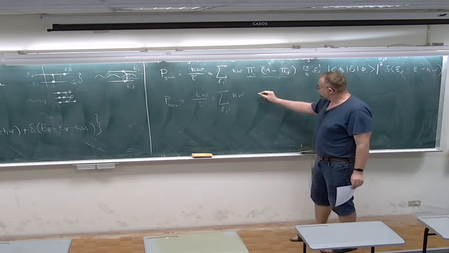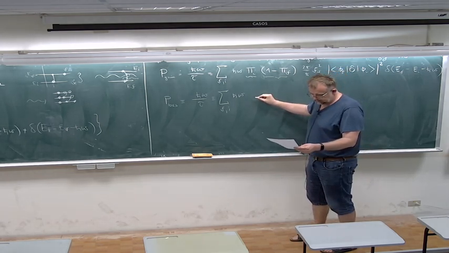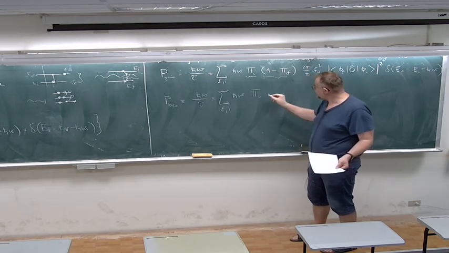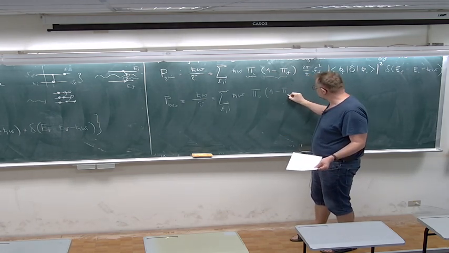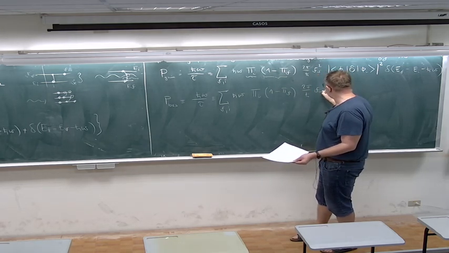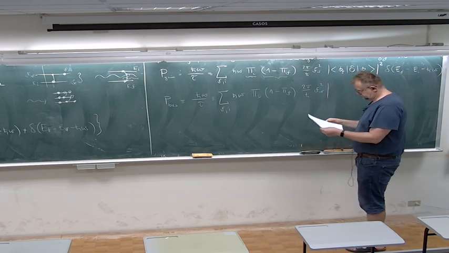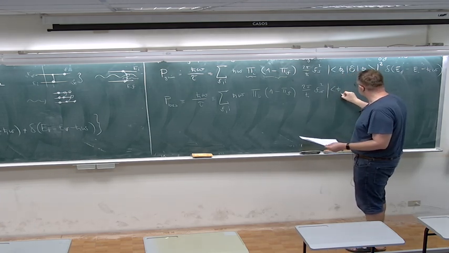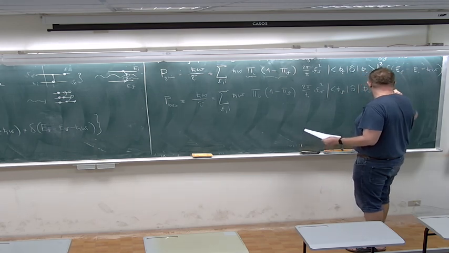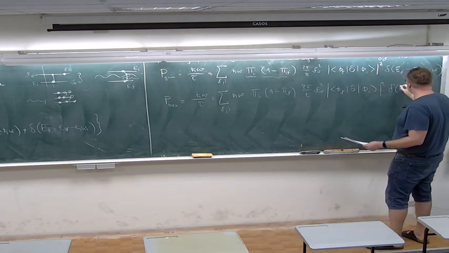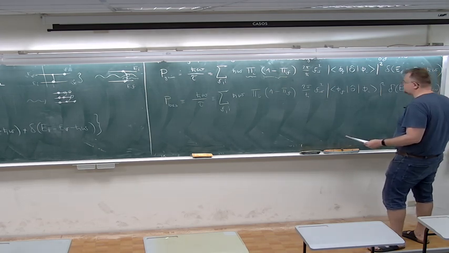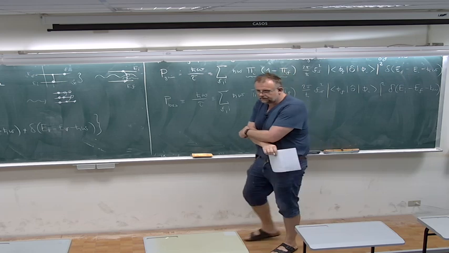And again, this is the probability that the initial state is occupied, and the probability that the final state is empty. This is 2π divided by h bar. This is the same square. Everything is the same. Only we are now taking a different delta function. Now we are taking the delta function where E_i is larger than the final state: E_i minus E_f minus h bar omega. So I'm taking the second delta function here, right?